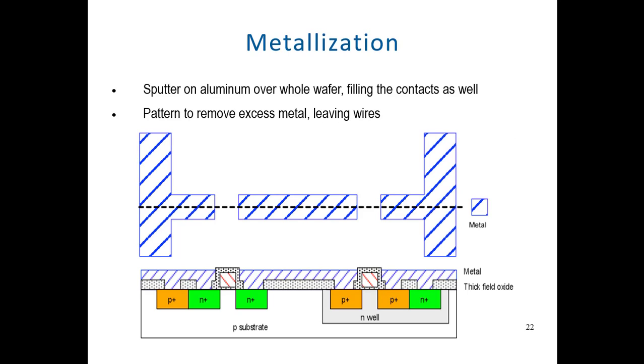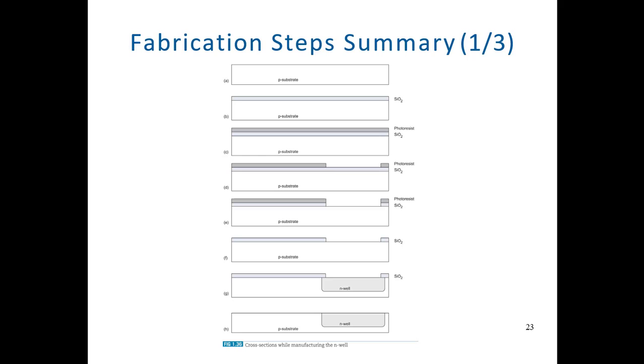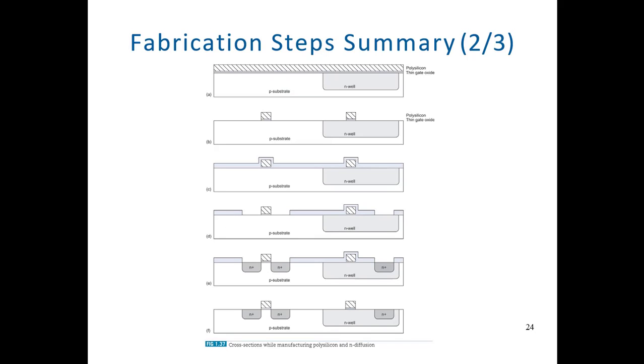Okay, so then we have the metallization layer. This is the mask for the metallization layer, and again it is transferred like that. Here is the whole summary of the whole thing. What we have explained in different slides, here are all the things in one slide. Okay, so no need to revise this material here.